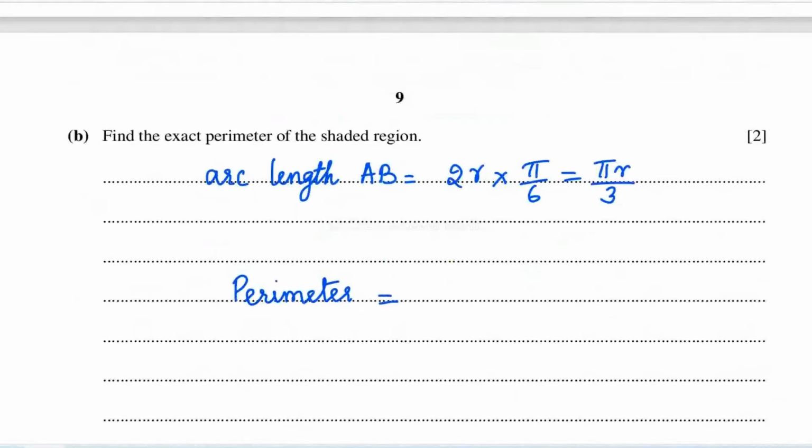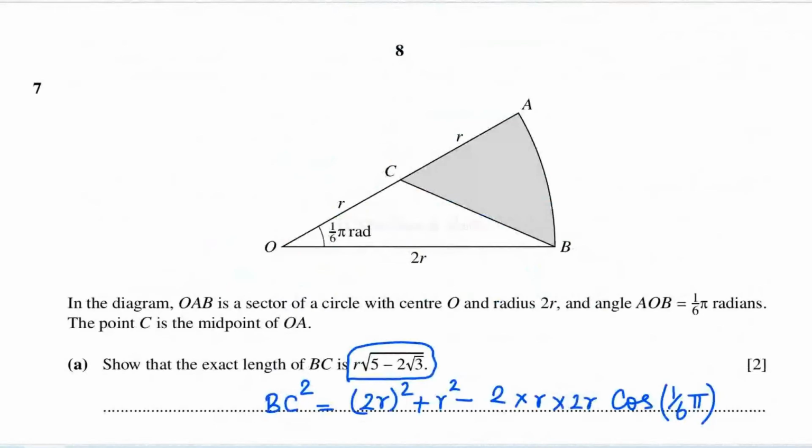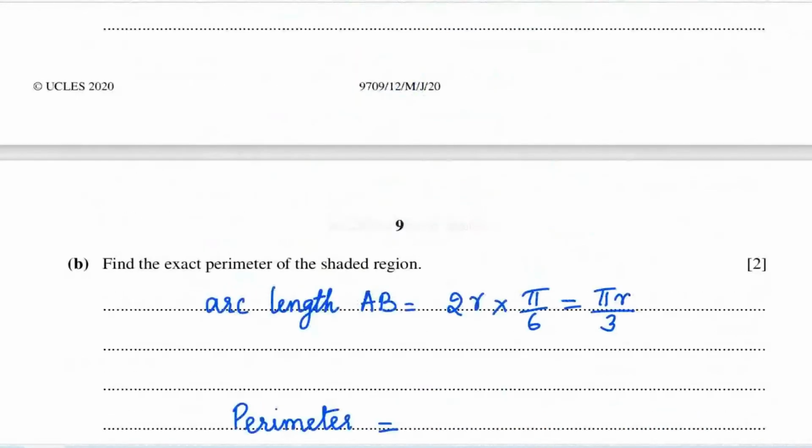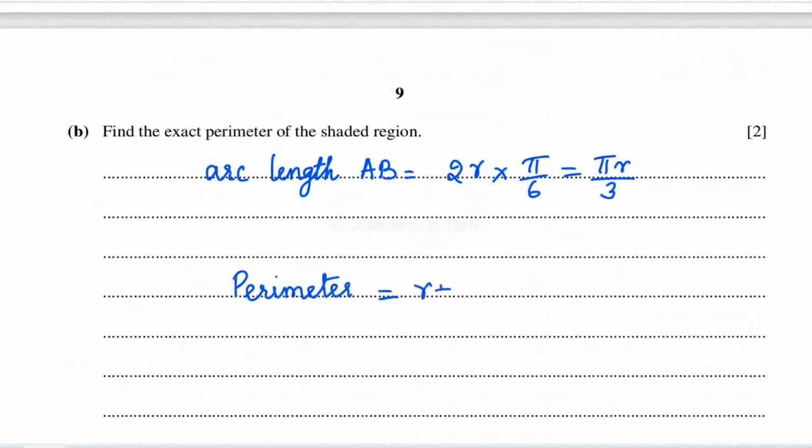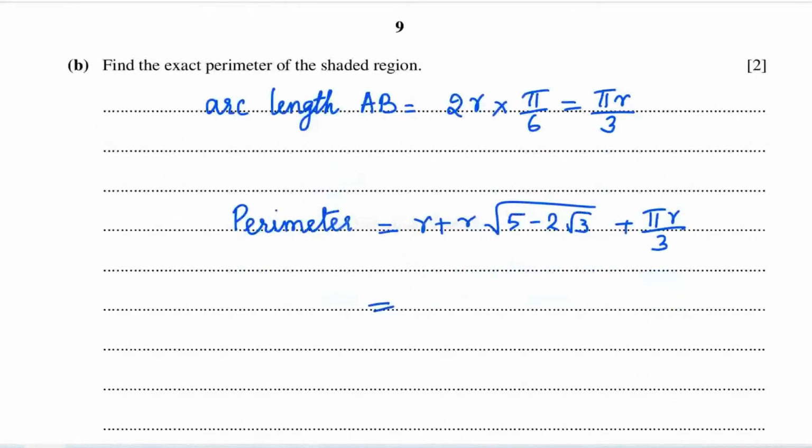One side is r, another side is r multiplied by square root of 5 minus 2 multiplied by square root of 3, plus the arc length is pi r divided by 3. Take out r commonly: 1 plus pi divided by 3 plus square root of 5 minus 2 multiplied by square root of 3, and this is the perimeter.